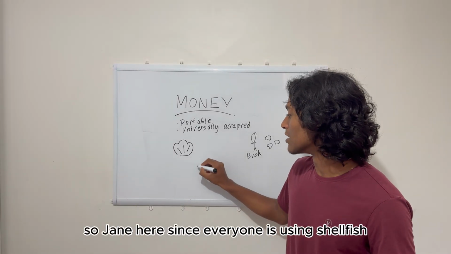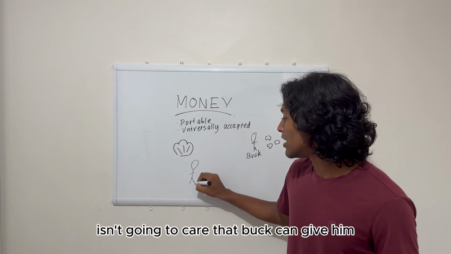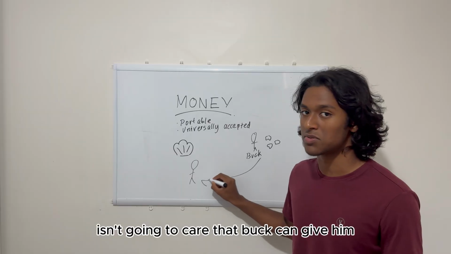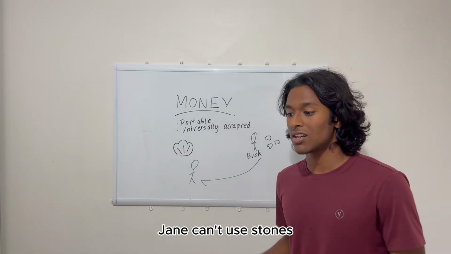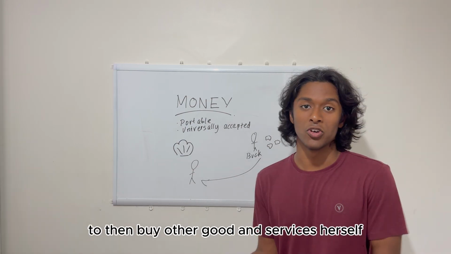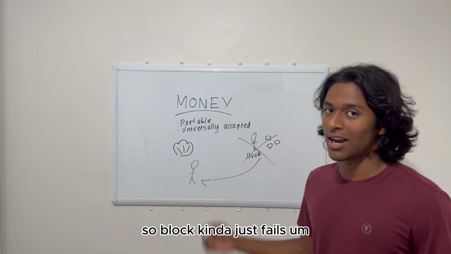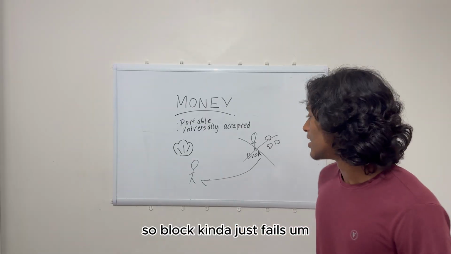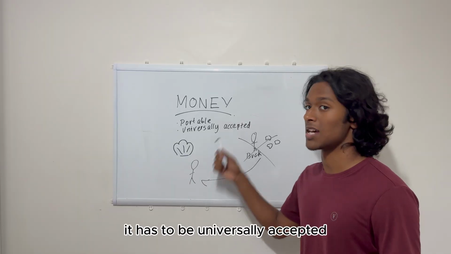Since everyone is using shellfish, Jane isn't going to care that Buck can give her stones, because Jane can't use stones to buy other goods and services herself. So Buck just fails. That's an important point about money: it has to be universally accepted.